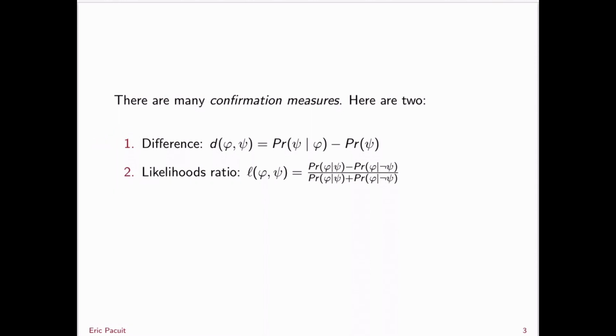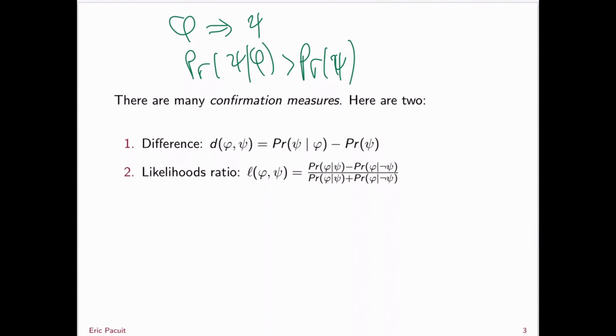Remember that we have an argument with premise phi and conclusion psi. We say that phi is positively relevant to psi just when the probability of psi given phi is greater than the probability of psi.